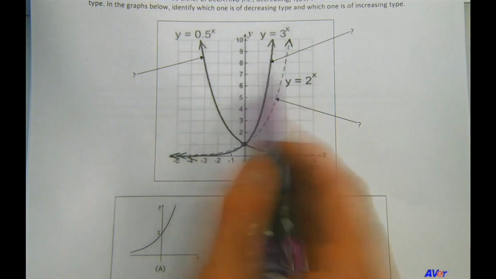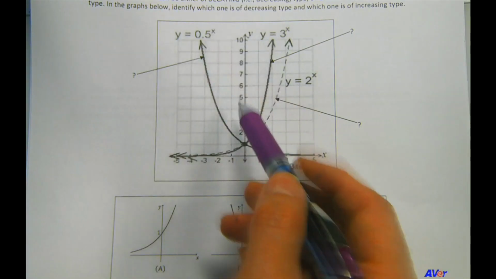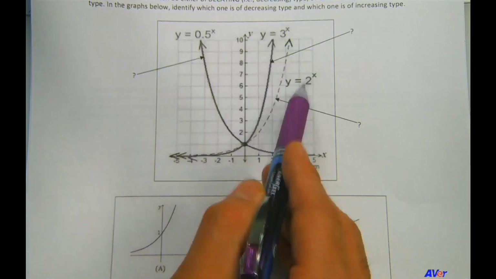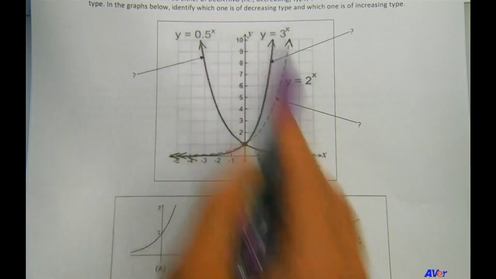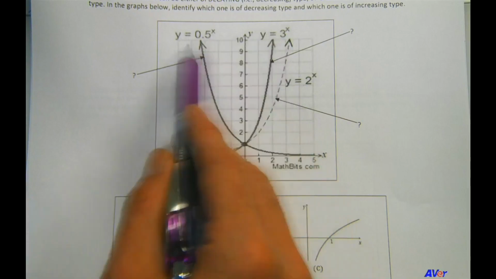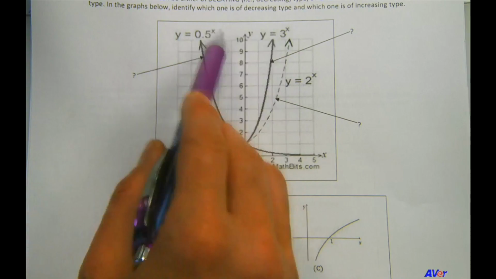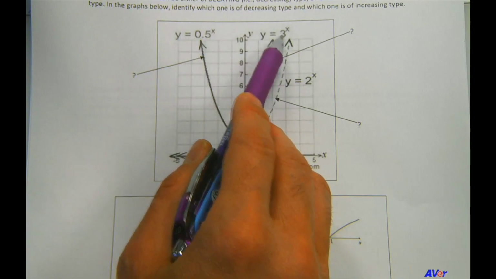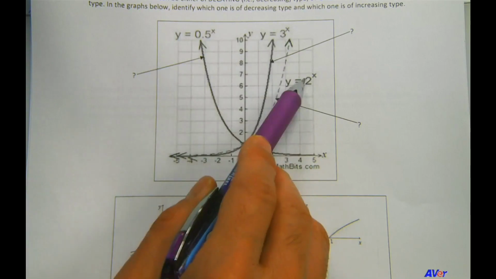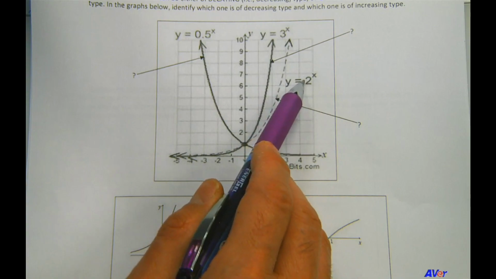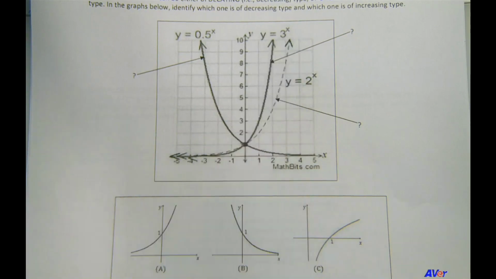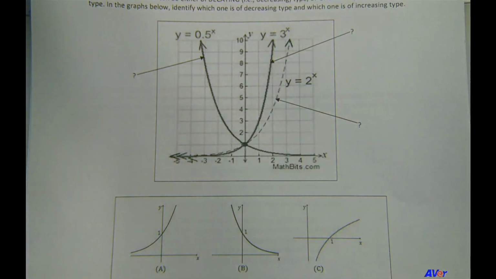So why is this happening? If you compare the equations of these exponential functions and their graphs, you notice that the base of the exponential function here and here is higher than 1. Whenever the base of the exponential function is higher than 1, you're going to have a growing or increasing exponential function.